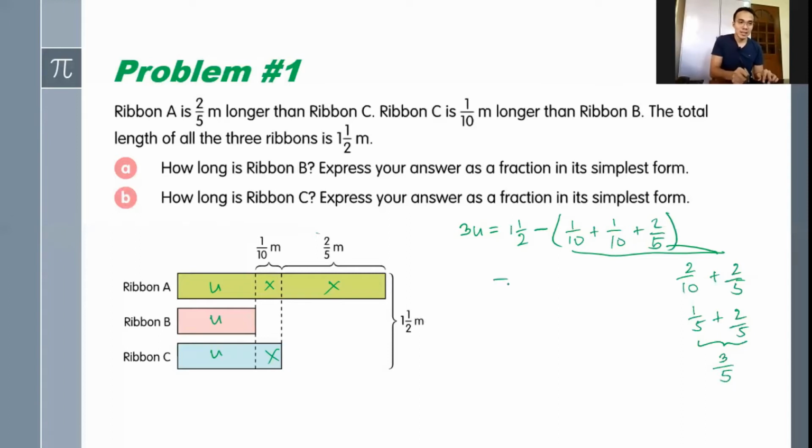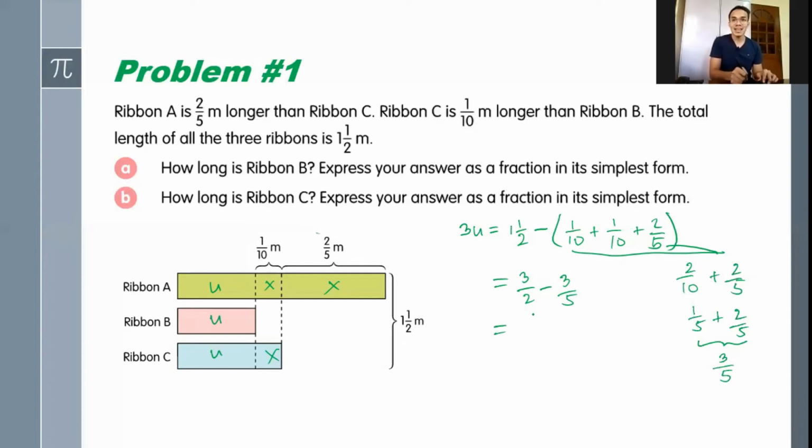So this is equal to, by the way, 1½ is the same as 3/2 minus the simplified form for this expression, which is 3/5.